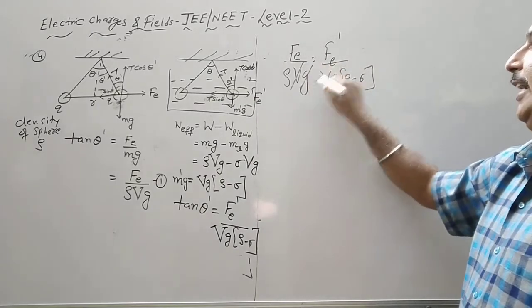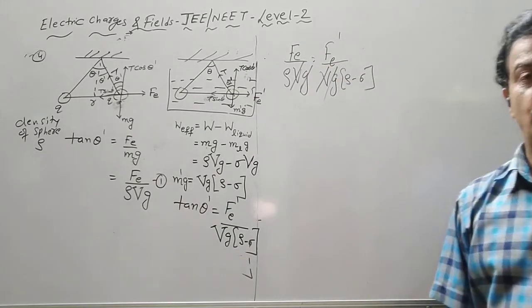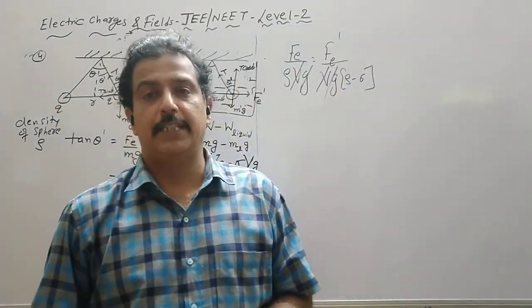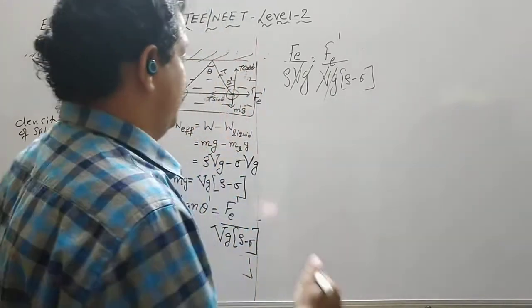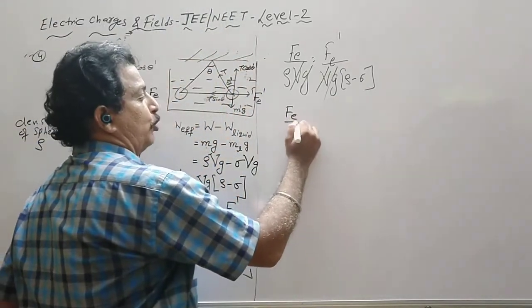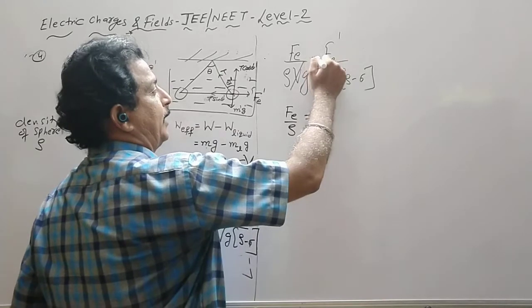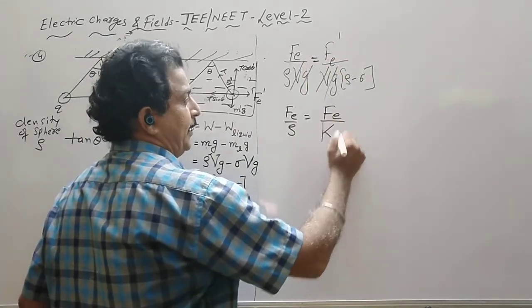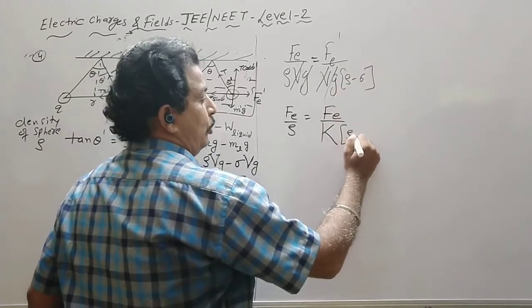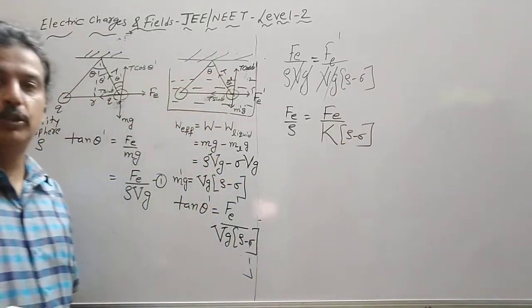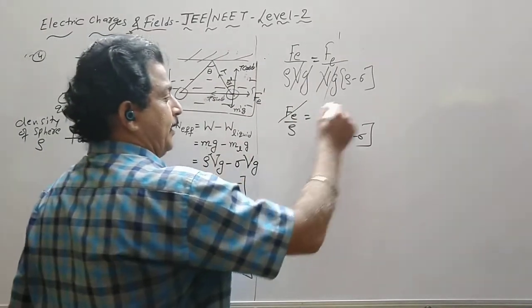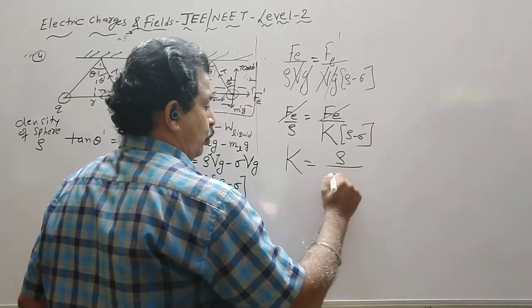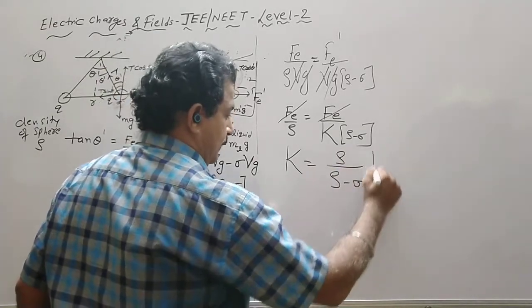Vg gets cancelled. Now we know when the medium of a charged body changes, the force becomes 1 upon K times. So Fe upon rho is equal to Fe by capital K upon (rho minus sigma). We have to find the dielectric constant. Again Fe gets cancelled. So capital K is equal to rho upon (rho minus sigma).